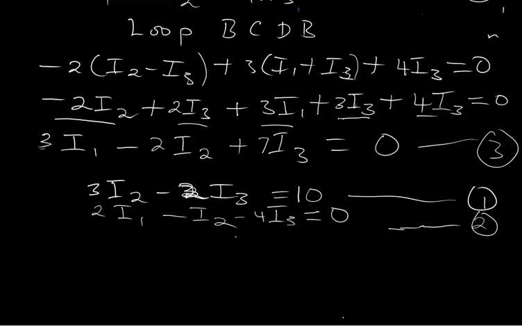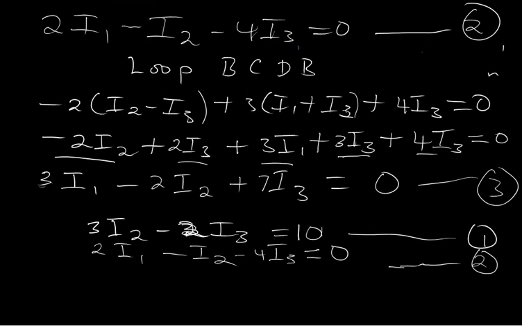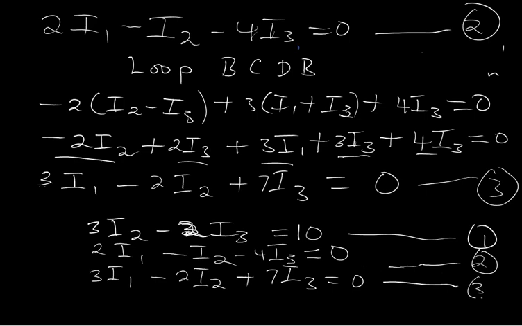Then the last but not the least equation, I have 3I1, please pardon me, 3I1, minus 2I2 plus 7I3 is equal to 0. Equation 3.